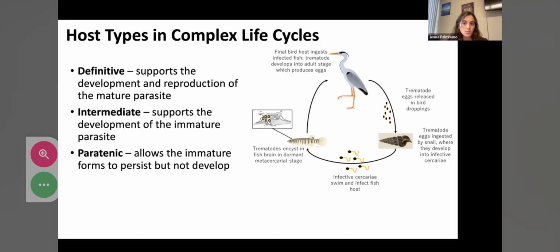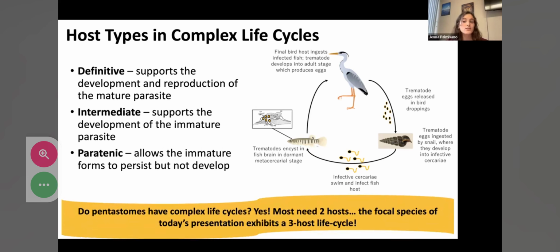Those eggs are then released in the feces, which are then ingested by the first intermediate host. In the intermediate hosts, the eggs develop into an infectious larval form to then infect a second intermediate host. A paratenic host is different from an intermediate host because it allows the immature or larval forms to persist but not develop. All of these types of hosts play a role in snake pentastome life cycles.